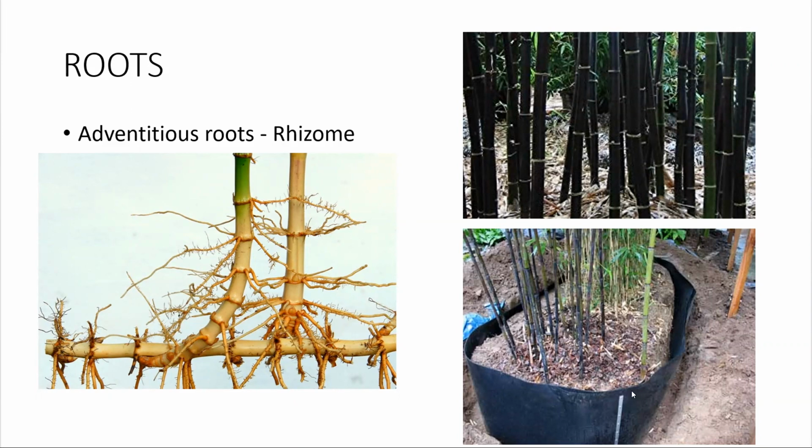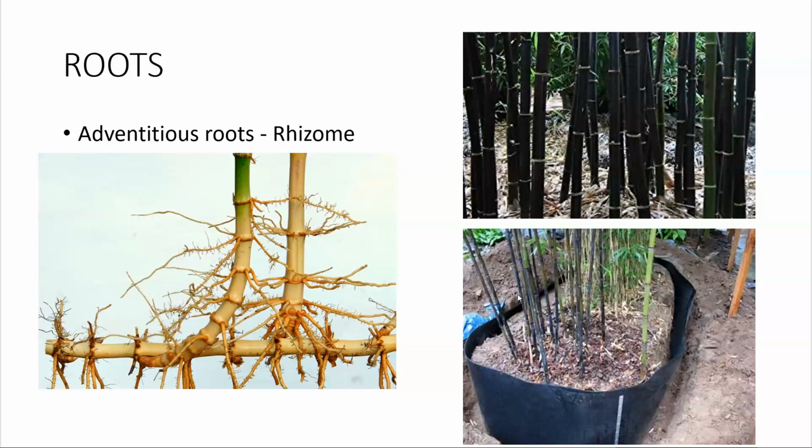Bamboo's roots will go to 18, 24 inches deep or deeper, but it's only the roots that are down seeking water. Okay. The roots that come off of rhizomes only hover within about the top 12 inches. That's why you don't have to go deeper with this root barrier.